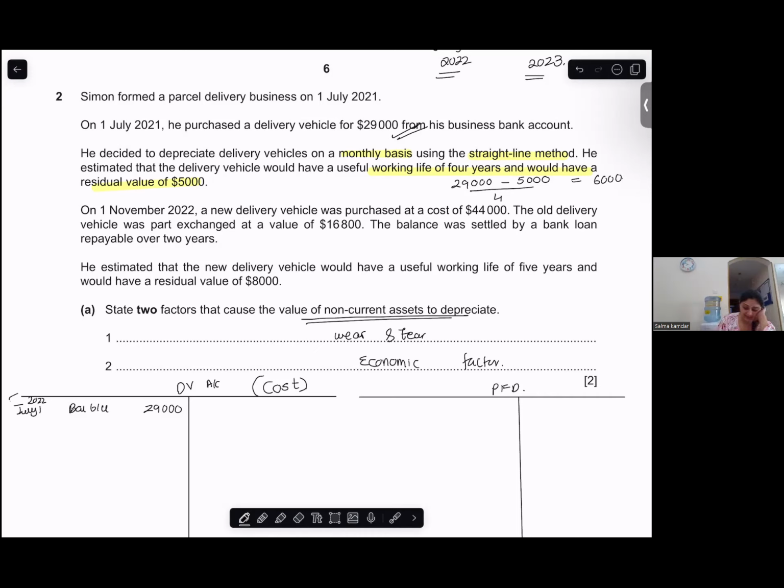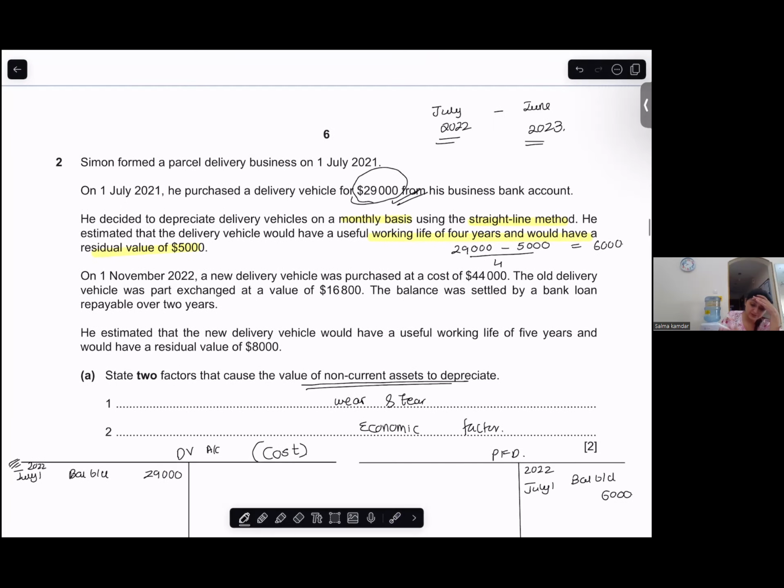So on the first date, July 1, I will have a balance brought down of the delivery vehicle that I have purchased. The cost is here, and the depreciation will be here. The depreciation of this vehicle is 6,000 for the year in which you had purchased.